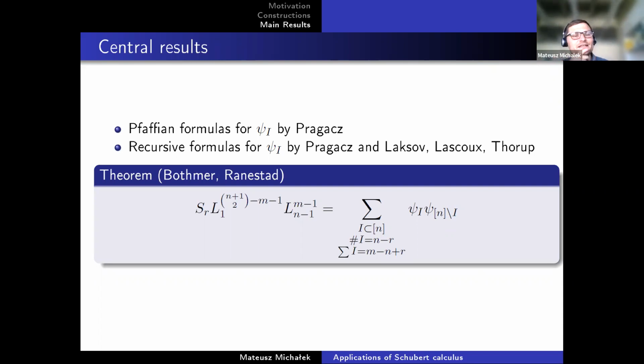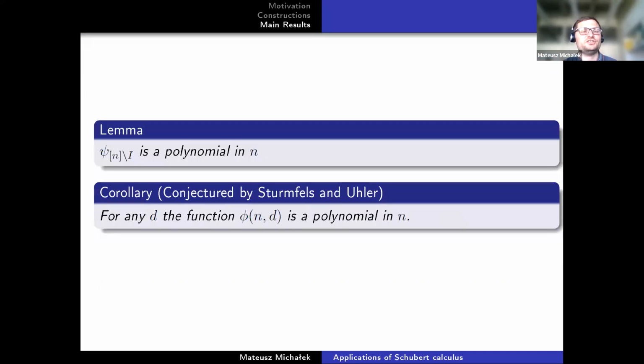And you can restate, again, not in this language, because the variety of complete quadrics, I think, doesn't appear in the work of Bottmer and Randstadt. But if you take their deep result and put it in this setting, you will see that what they say is that this intersection number we are interested in is quite explicitly given in terms of Laksov coefficients.